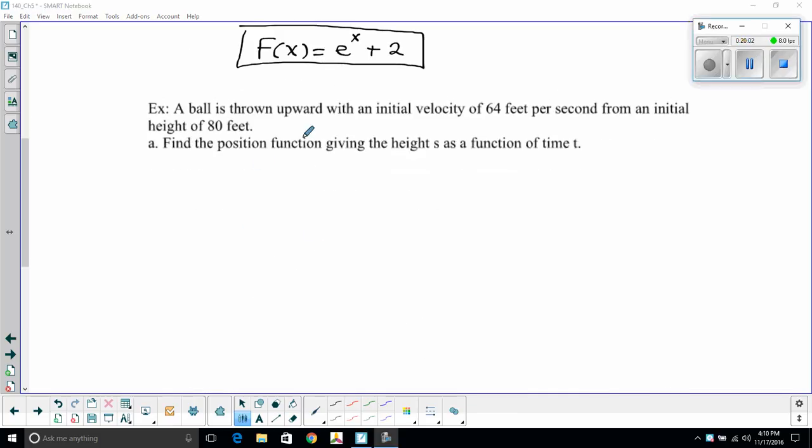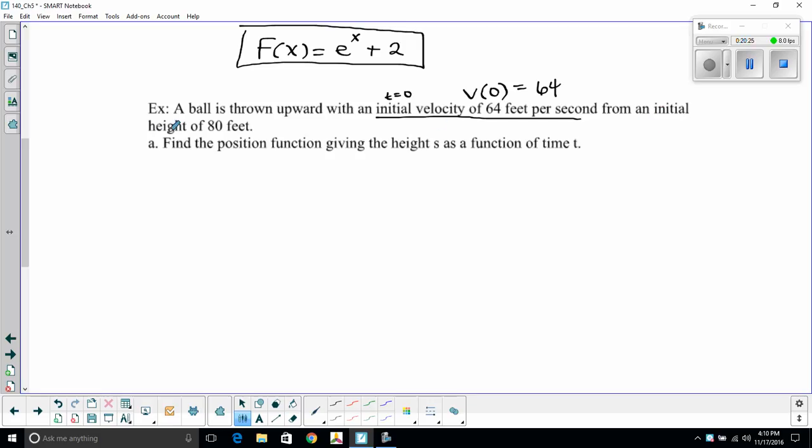All right, so the ball is thrown upward with an initial velocity of 64 feet per second. Okay, that means v of 0, that's what initial velocity means, is time is 0. And it's thrown upward, so 64.